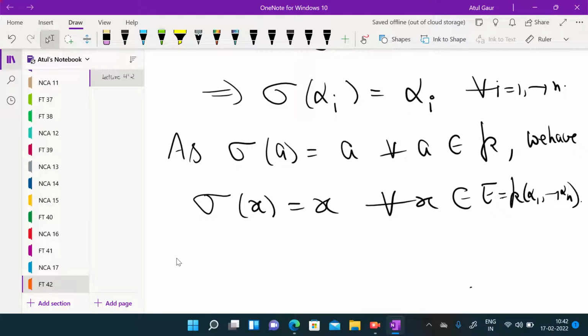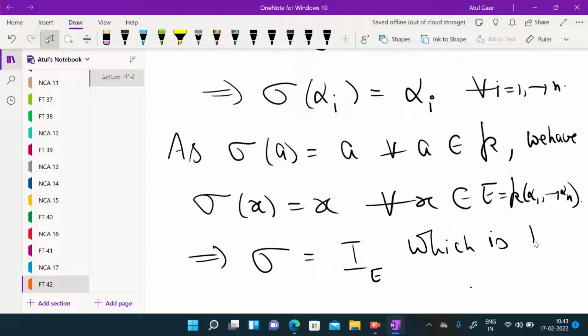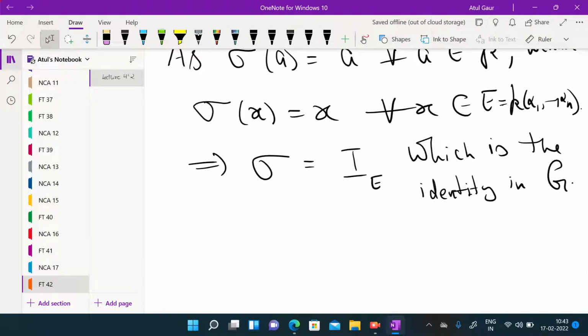So that means sigma is the identity map on E, which is the identity element in G.